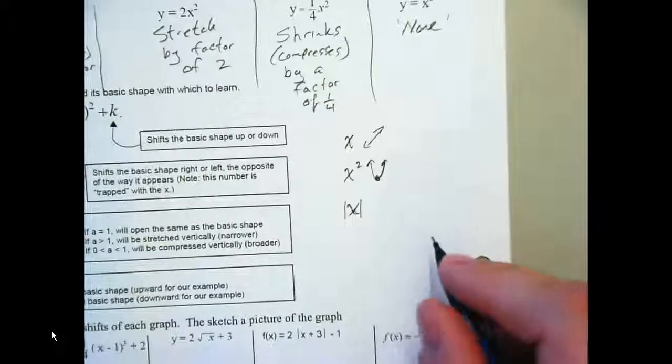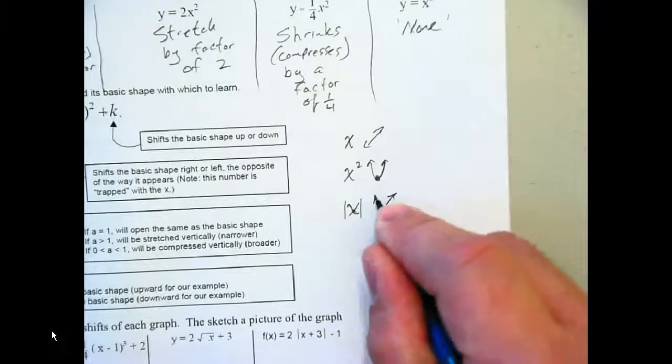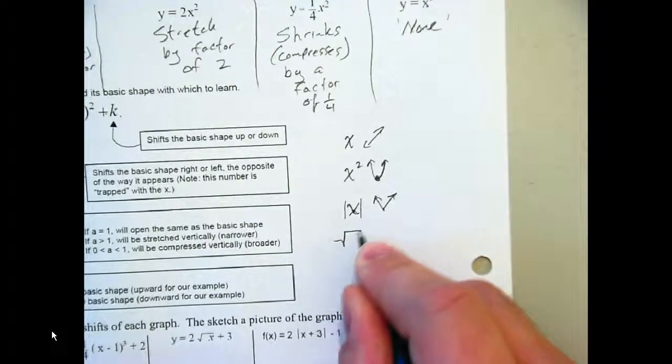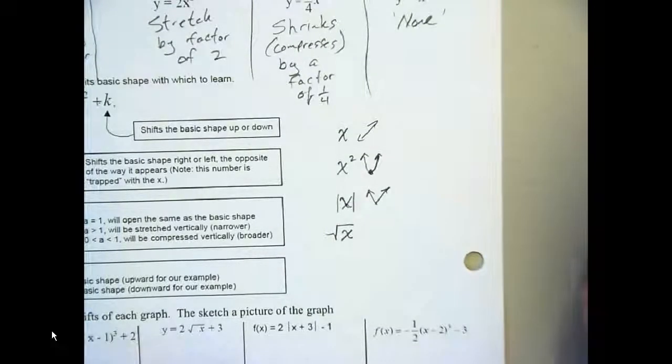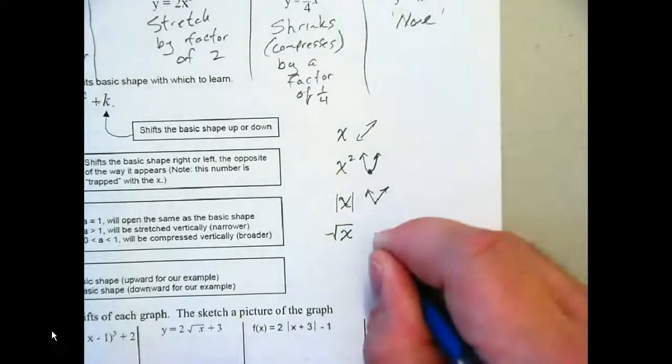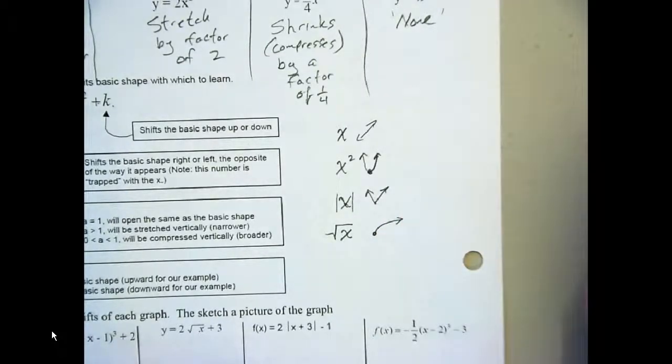It's like a V. That's what we've been talking about, right? How about this one? It starts at a point, and then it jets off in a direction. What kind of graph is that? That's a square root function.